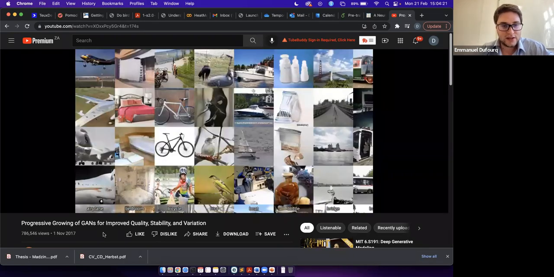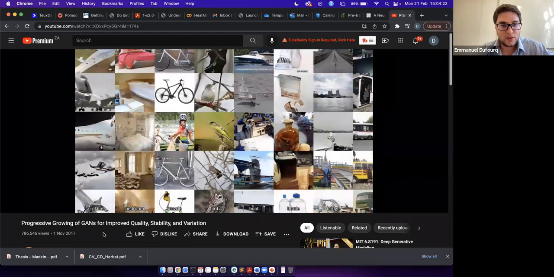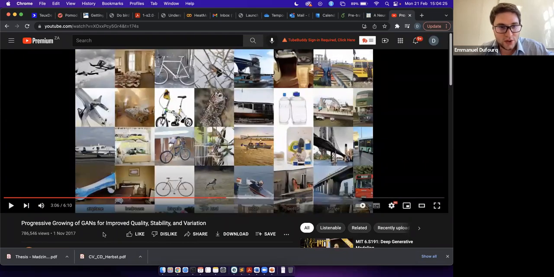You can see that some of them look quite real, some of them look totally ridiculous. For example, this bicycle has this very strange thing here. I am guessing this is an aircraft. It has some very strange things here.